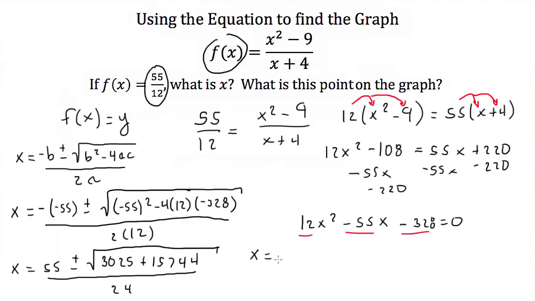So we have x is equal to 55 plus or minus 137 over 24. Plug all of this into your calculator, and you'll get x is equal to 8, or x is equal to negative 3.42, approximately.